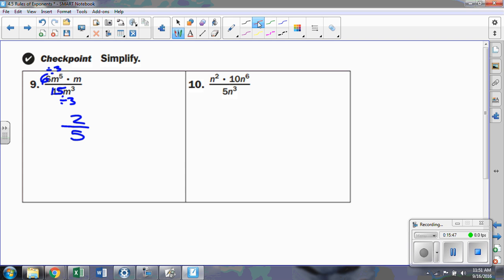When we look at the variables, m to the 5th times m divided by m cubed. Here we have the unwritten exponent of 1. So we need to take 5 plus 1, subtract 3, which is overall 3. This is our answer, 2/5 times m cubed.